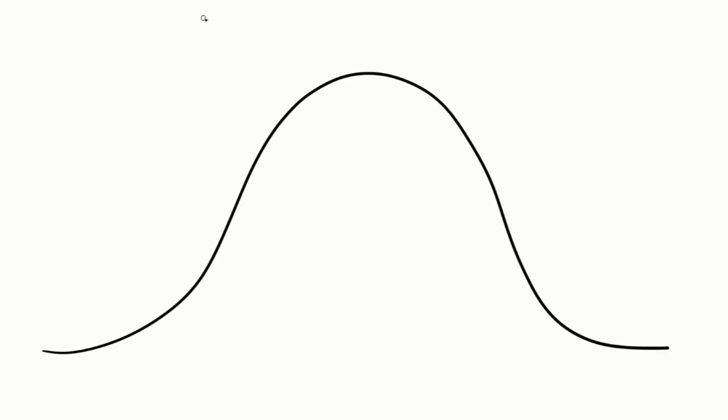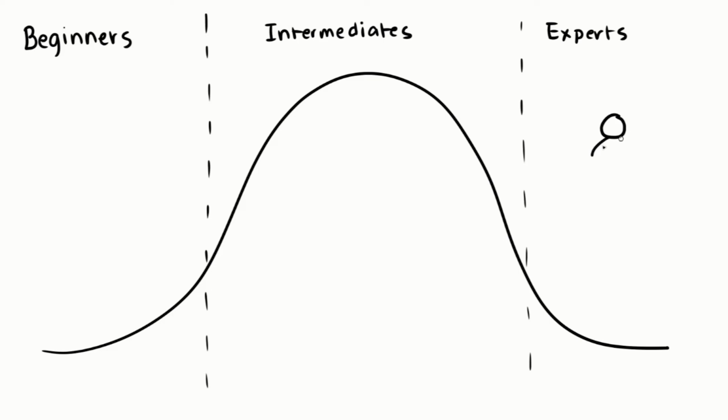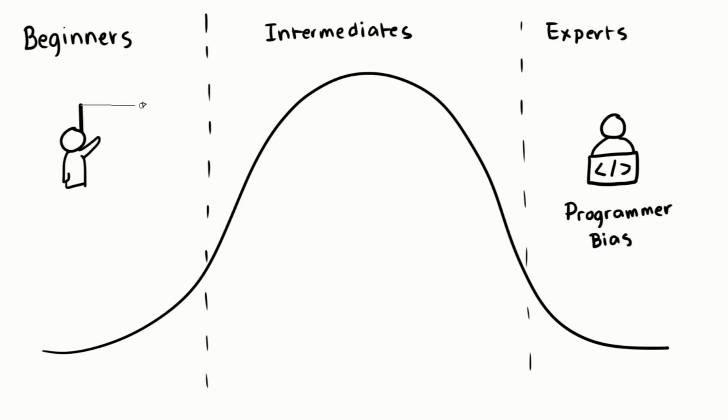Now, what actually happens in the real world is that programmers, who are usually experts in the software they code, think like experts. And so they typically tend to cater to the needs of the experts. On the flip side, sales and marketing often demonstrate the product to customers who are not familiar with the product. And because they're exposing it to beginners, these professionals have a real bias towards the beginner community.